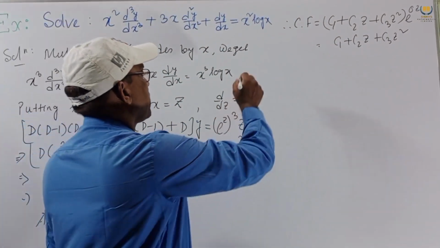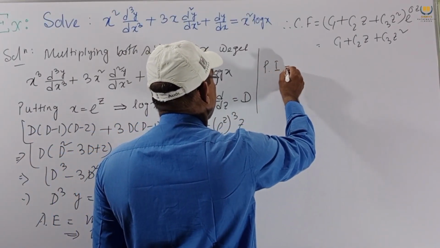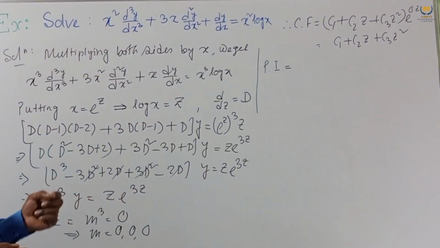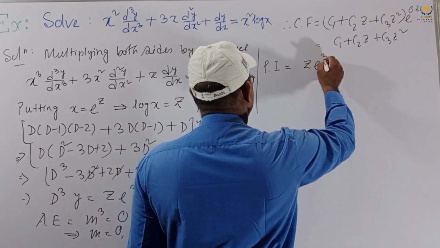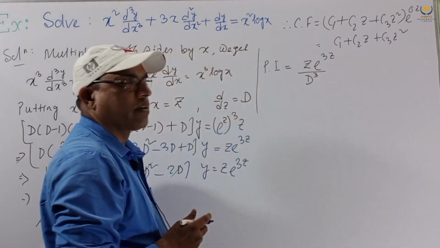Now we find particular integral. Particular integral equal to right hand side by D cube, this z e to the power 3z by D cube.